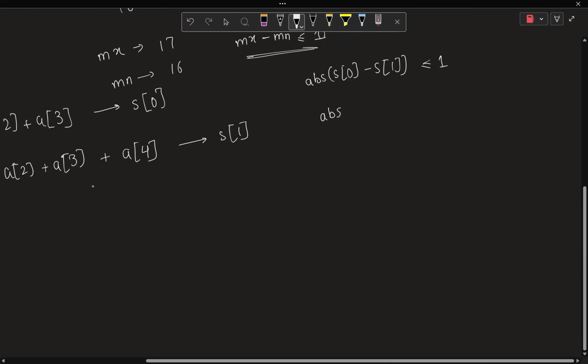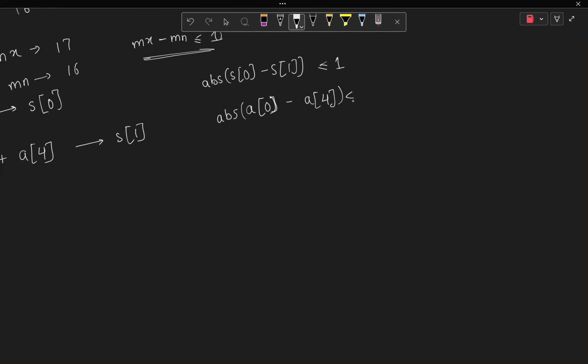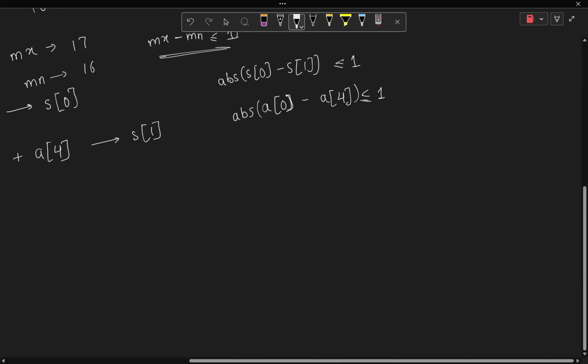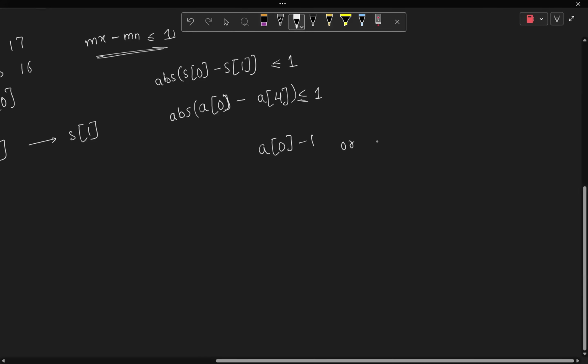When you try to simplify it, you will realize that the absolute value of a0 minus a4 should turn out to be less than or equal to 1. This condition will come up. Now, since you want the absolute value of a0 minus a4 to be less than or equal to 1, it means that a4 must be either a0 minus 1 or a0 plus 1. a4 has only these two choices. It cannot be anything else.